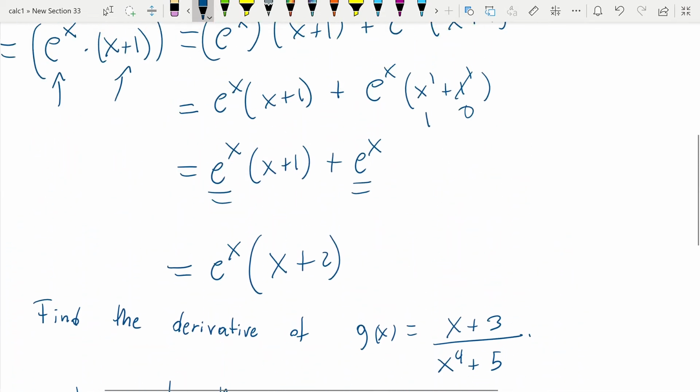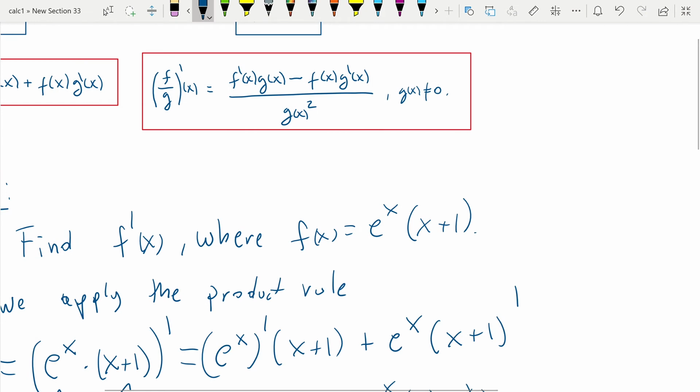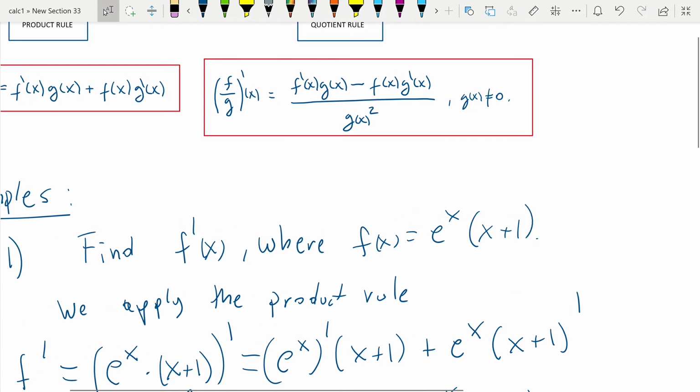If we go back to the formula for a couple of seconds, the derivative of f over g takes on this form when you expand everything.